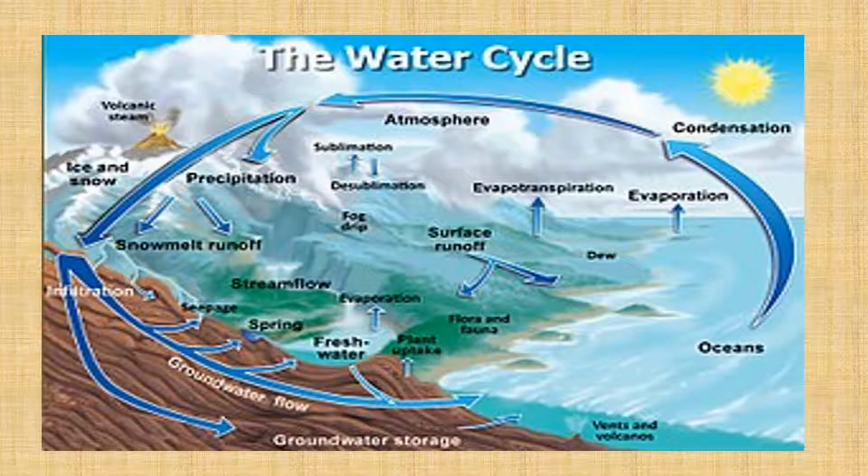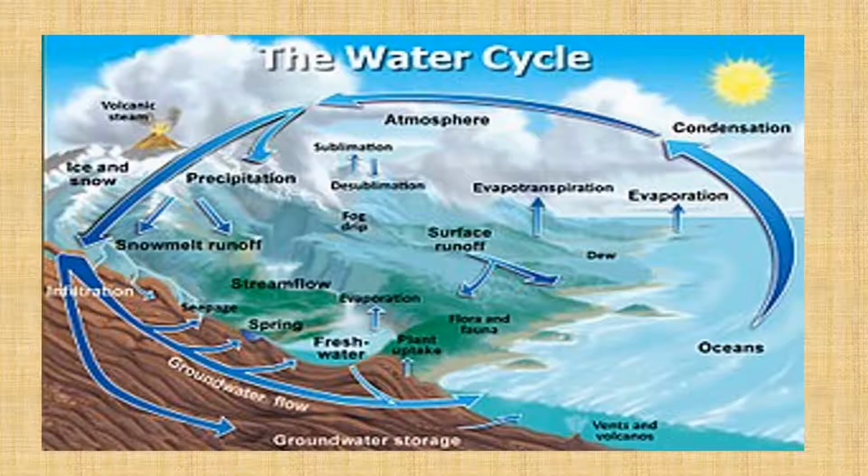You may look at this picture. Viewers, observe this picture. The water in the oceans moves upward in the form of water vapor. After reaching a certain height, the water vapor condenses and forms tiny water droplets. Then they become clouds.